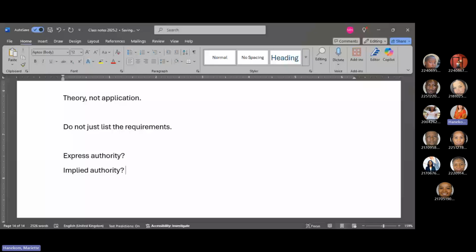I still, after teaching the subject for 23 years, 22 years, I still don't understand why students don't understand this.